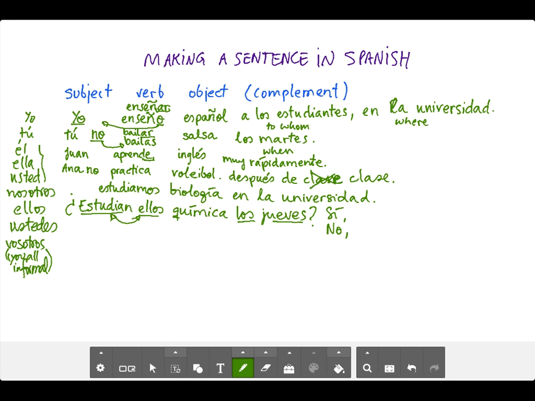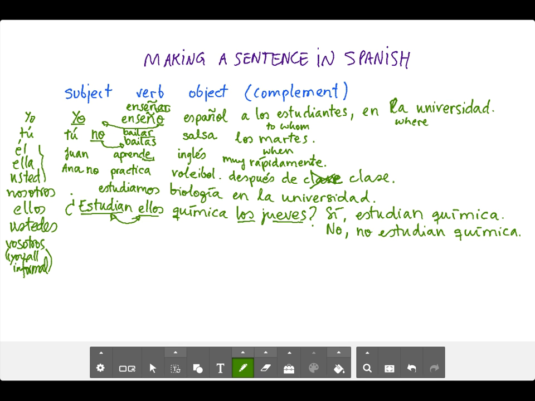So if we say sí, estudian, and in this case, because we already know it's about them, estudian química, o no estudian química.